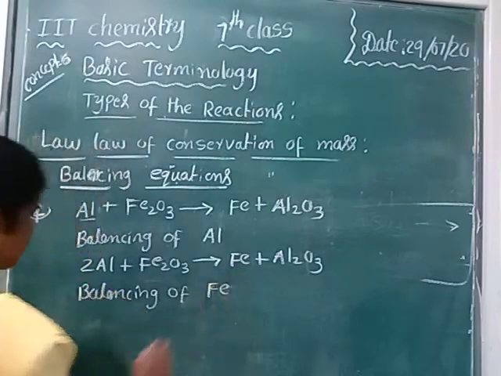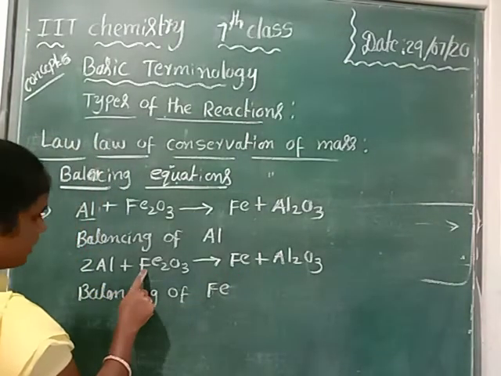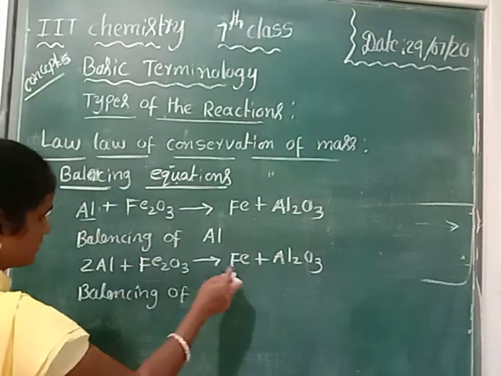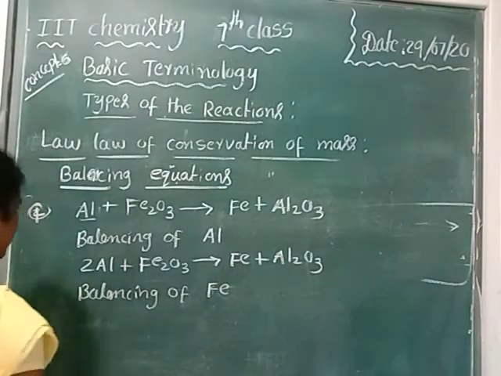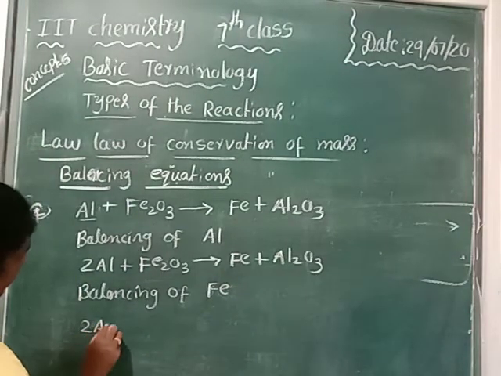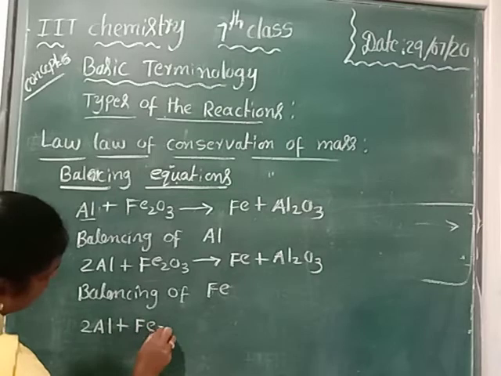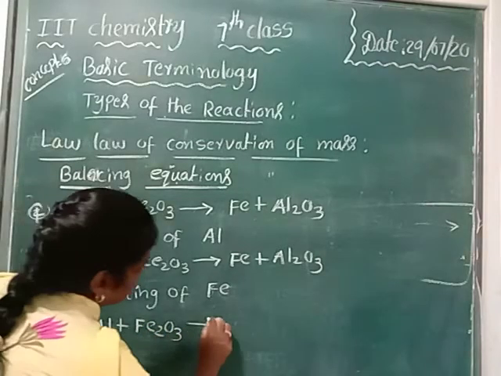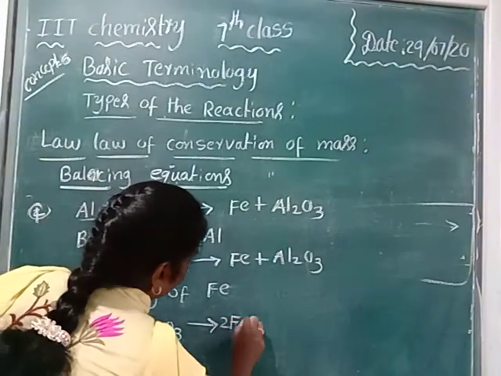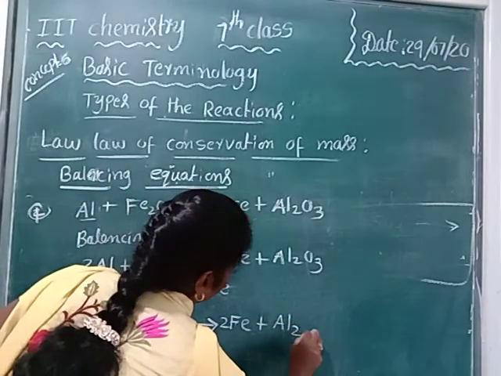Fe, how many are there? 2 on the reactant side. Right side 1 Fe. Now you balance iron: 2Al plus Fe2O3 gives 2Fe plus Al2O3.